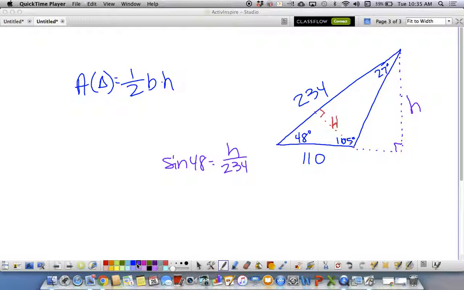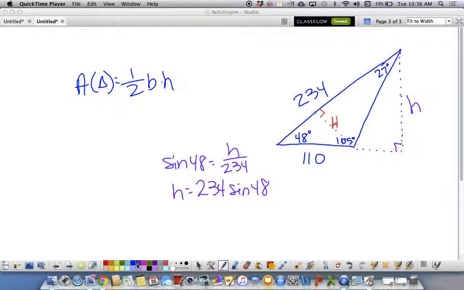Okay? Can we solve for h? We would just multiply by 234. H equals 234 sine 48. Right? They just do one, because that's all we want.